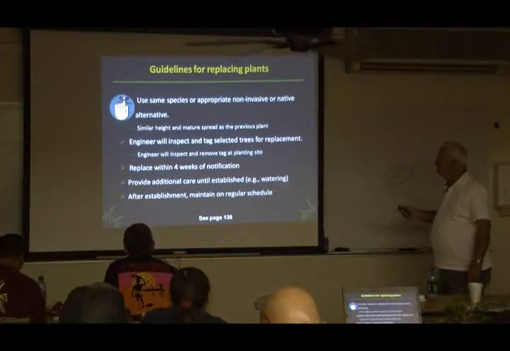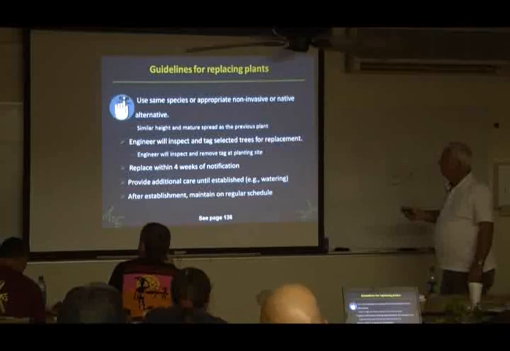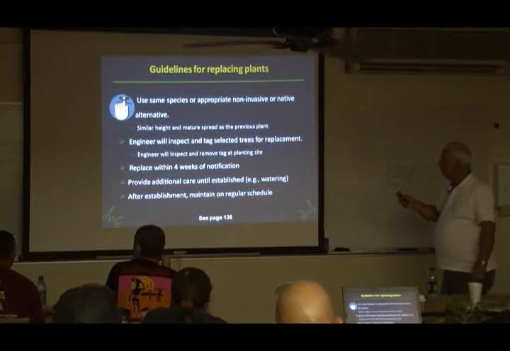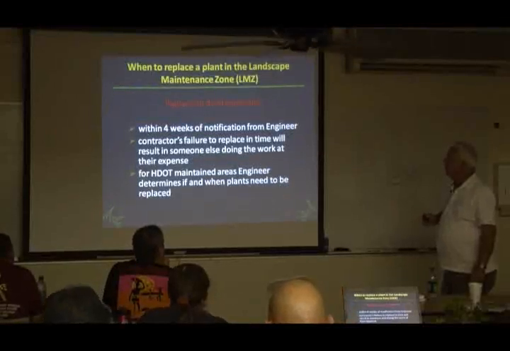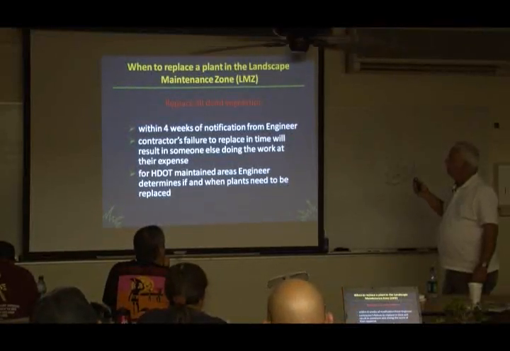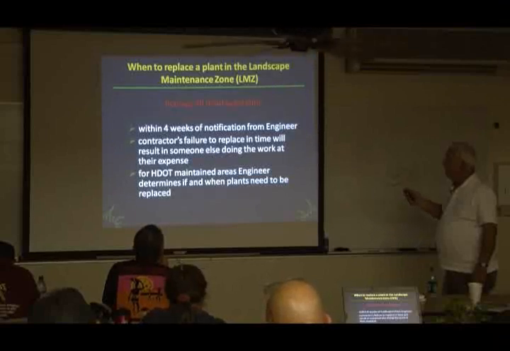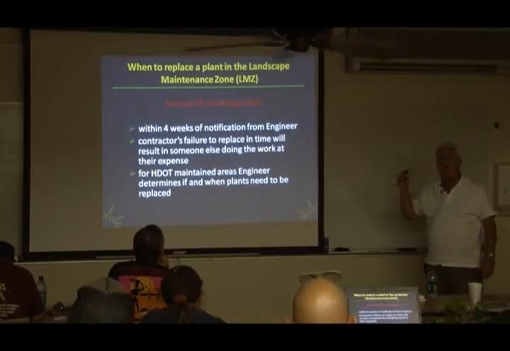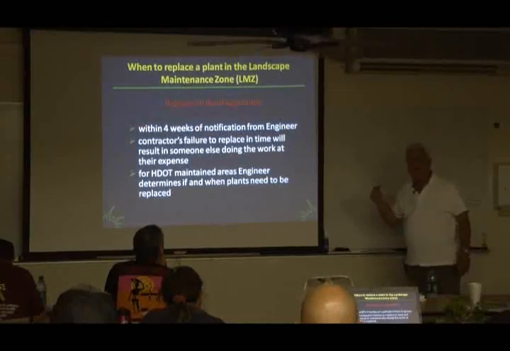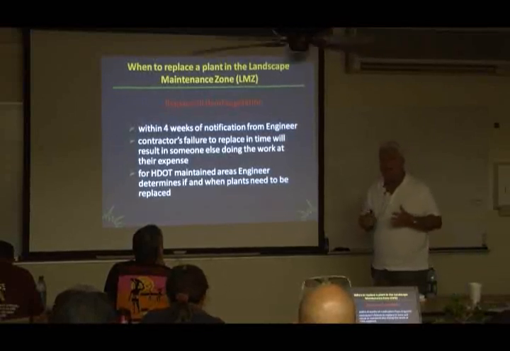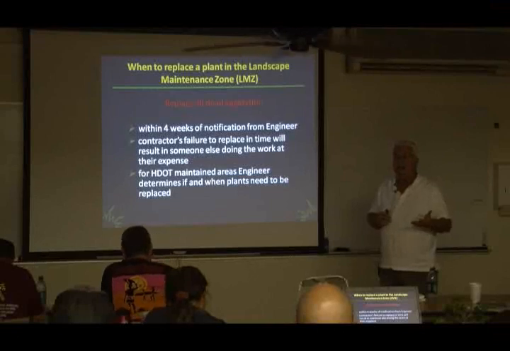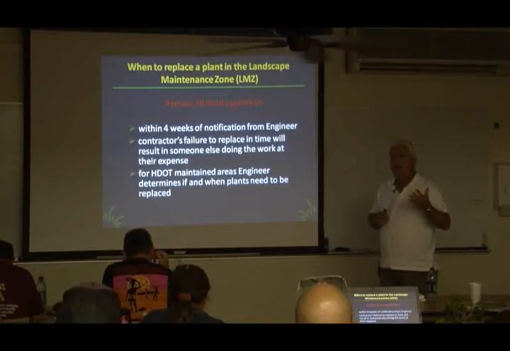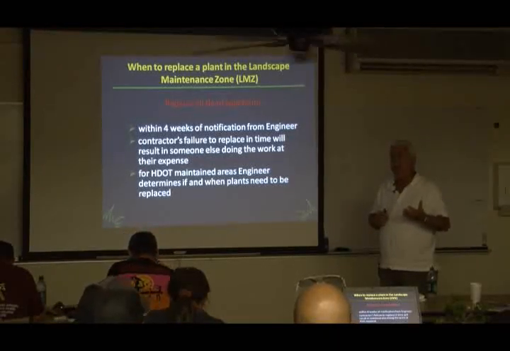So if you have to replace the plants again, it should take place within 4 weeks and so forth. All dead vegetation again: if it's the fault of the contractor for mismanagement or not maintaining the plant, if it's a newly planted plant or it dies from drought or whatever, then the contractor is responsible for replacing it and paying for the tree.